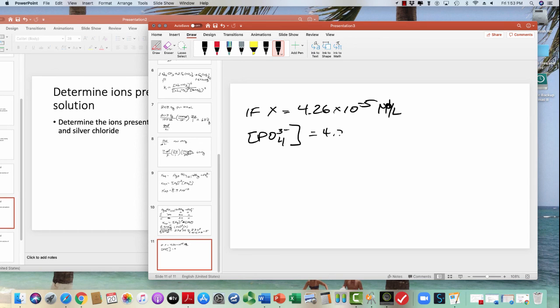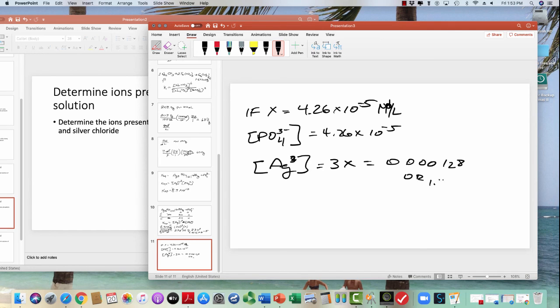And then the concentration of silver is equal to 3x, so you multiply that number by 3. That gives me 0.000128, or 1.28 times 10 to the minus fourth molar. And that's how you solve it.